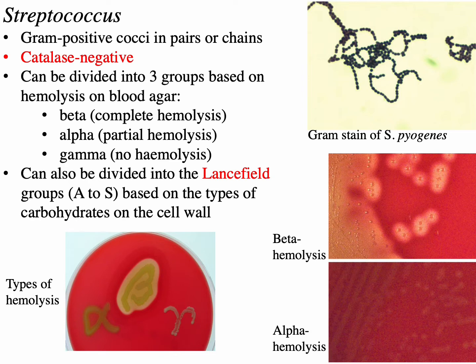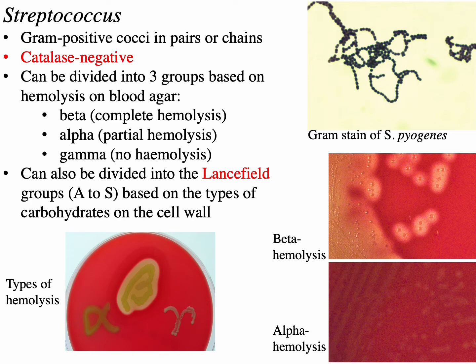Now, Streptococcus can also be further divided into three groups based on hemolysis on blood agar. Obviously hemolysis is lysis of red blood cells. So you have beta, alpha, and gamma. Beta is complete lysis, alpha is partial, and gamma is no lysis at all.